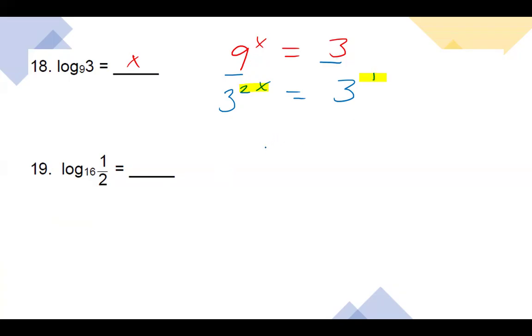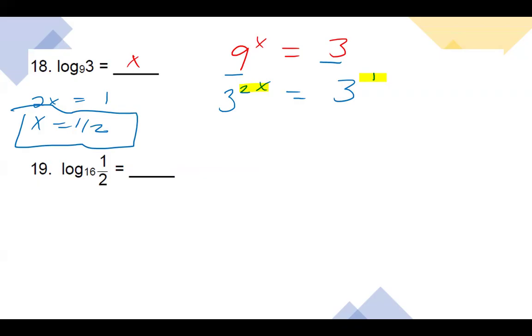When there's no number being multiplied, that's Casper, right? Casper the friendly one appears. So now you're just solving basic algebra: 2x equals 1. What is x? x equals 1/2. Which makes sense because the square root of 9 is 3, and 1/2 means I'm taking the square root.